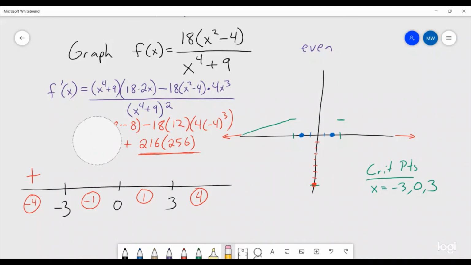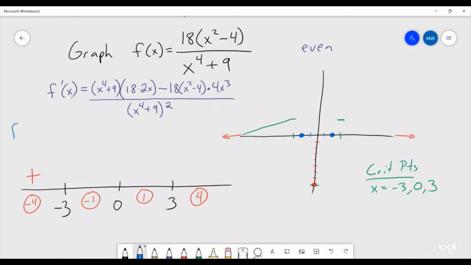Let's look at what is f prime at negative 1. Well, that's going to be a lot easier to calculate. So let's see, negative 1 to the 4th, that's 1 plus 9, that's 10, times negative 36 minus 18 times 1 minus 4, that's negative 3, times negative 4, all over a positive.